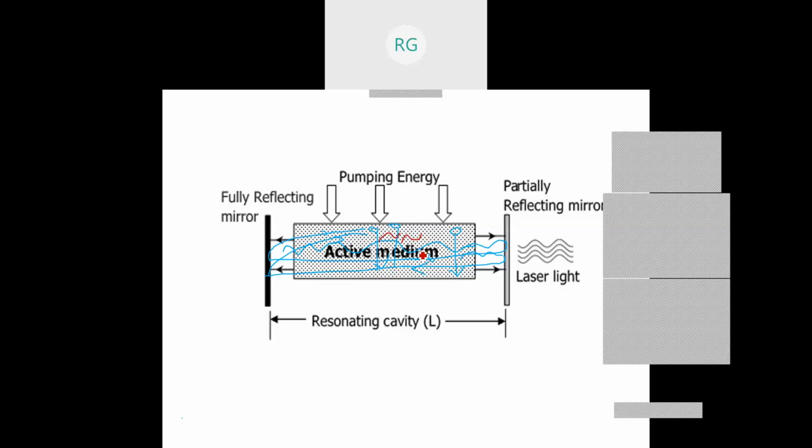But all these photons have the same frequency h nu because they are falling between the same two energy levels, that is E1 and E2. Hence, all the photons between the two mirrors, say mirror M1 and mirror M2, whatever photons are generated will have the same frequency.